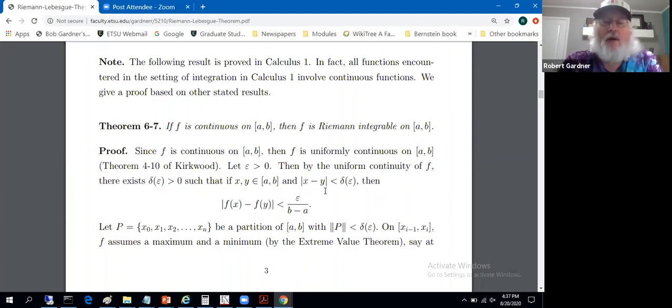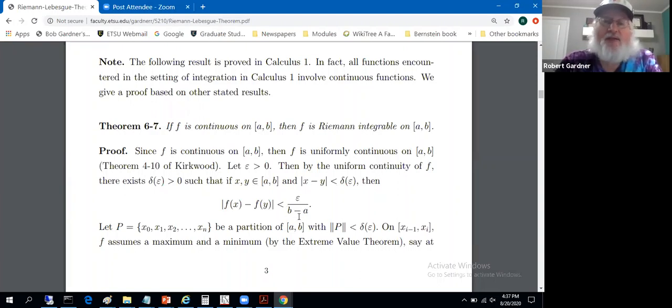Here, I don't fix the point x. I say x and y can be anywhere in the domain of this function. They just need to be close together. Anywhere in this interval, that's the uniform part of uniform continuity. So if x and y are in the domain of the function and within delta of each other, then the corresponding function values are within this thing of each other.